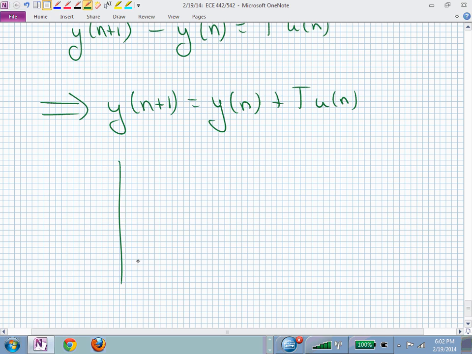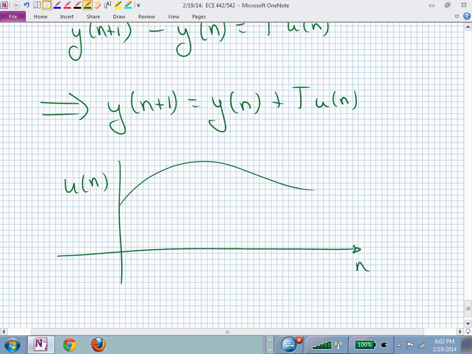One way to interpret that is, suppose that somebody, and I'm going to draw this in an analog form, suppose that was the sketch of y of n. Maybe my points are really, really close, and so I can connect the dots. That's now my function for u of n as a function of time n.